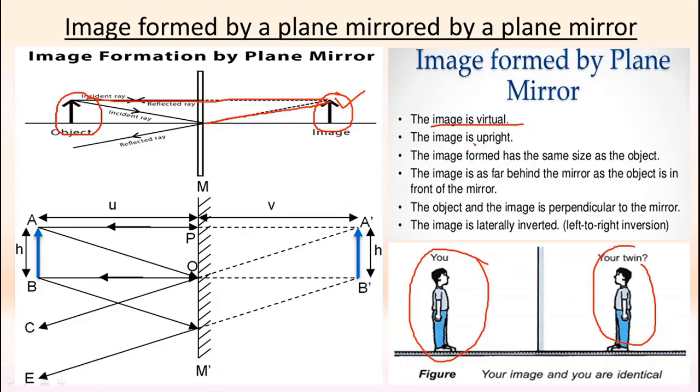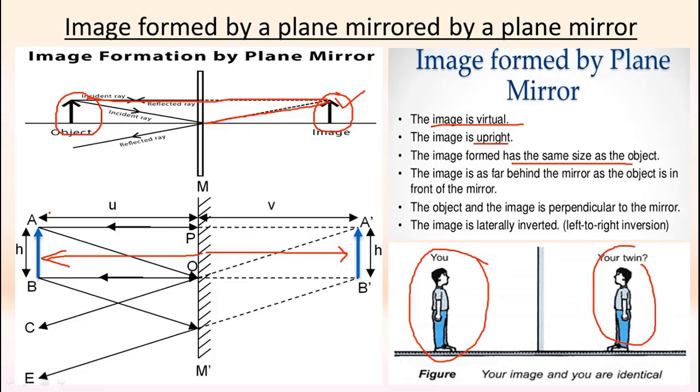It is upright, and the size of the image is equal to the size of the object. Another fact related to the image formed by a plane mirror is that the distance of the object from the mirror is equal to the distance of the image from the mirror.